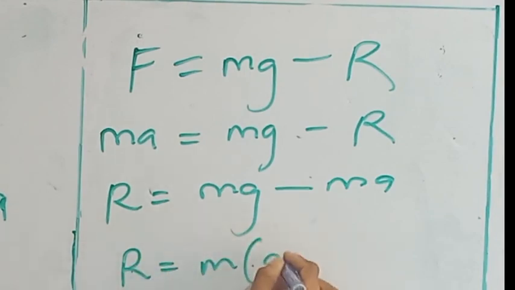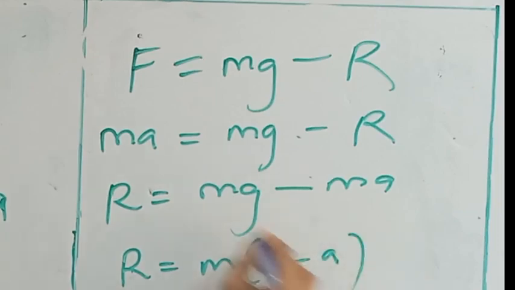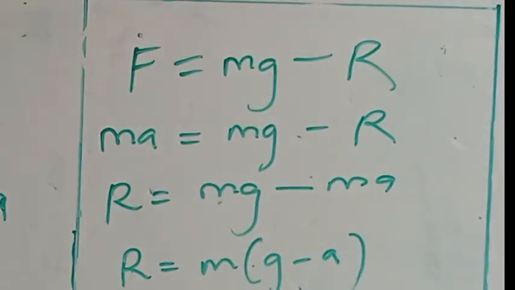So whenever the lift is accelerating downwards, we factor out m and have m into g minus a.